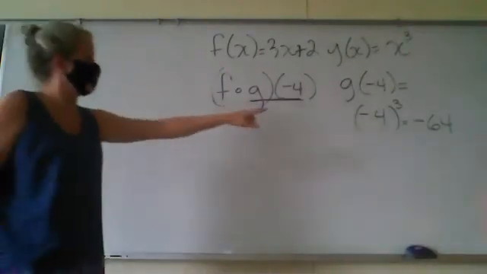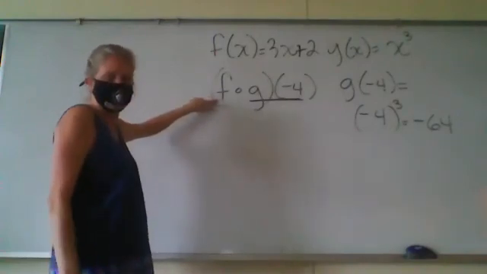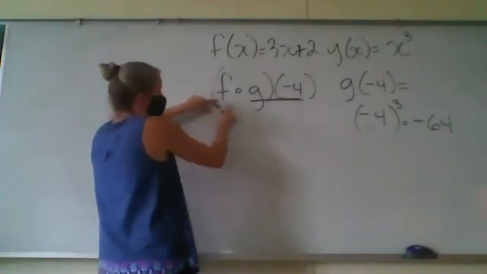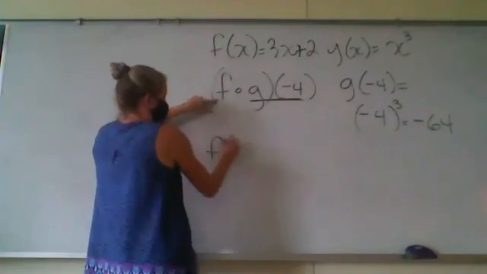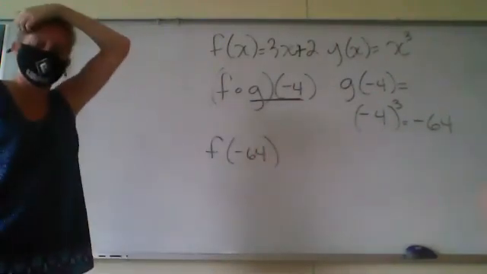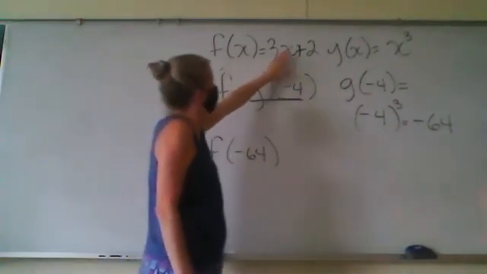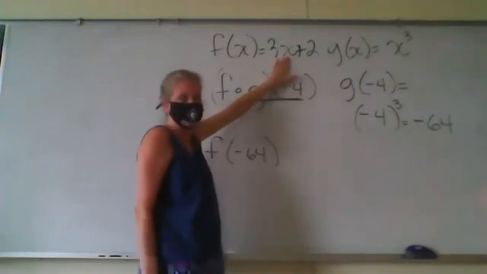So there's the first step. Now, what's the outer part? Is the f. So I'm finding f of whatever that answer was. So f of negative 64. Which means I'm going to go to my f function and replace this x with negative 64.